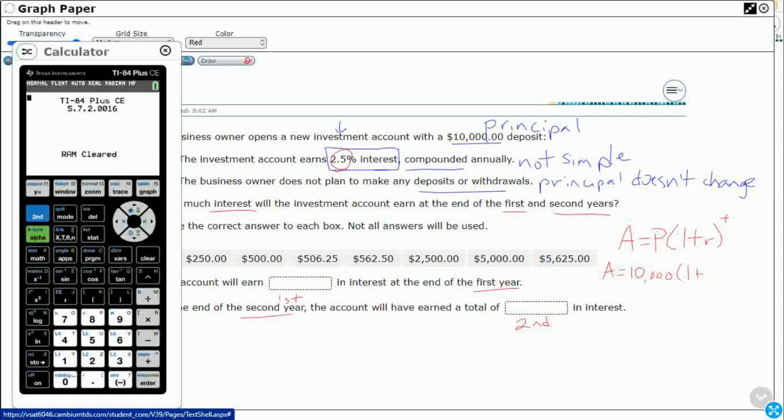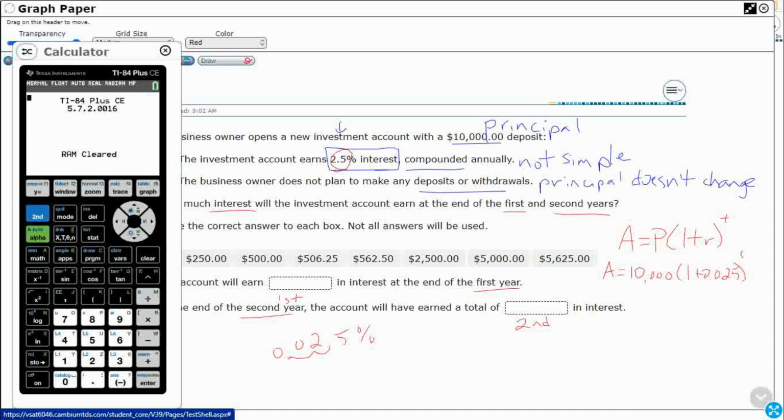Okay, so we need to change that into a decimal, right? So percent to decimal, we can divide it by 100. We can move it over 2 decimal spots, right? It's going to be 0.025. And then at the end of the first year, that's that t, that's that time. Okay, so that's just going to be 1.